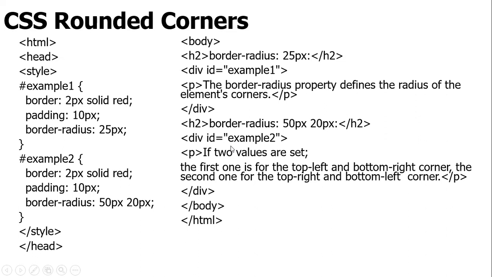For the same content, I have given the border-radius as 50 pixels and 20 pixels. The difference is that earlier I gave only 25 pixels, so all the corners, left, right, top, down, take 25 pixels. But here I have given 50 pixels and 20 pixels, so top left will take 50 pixels and bottom right will take 20 pixels.